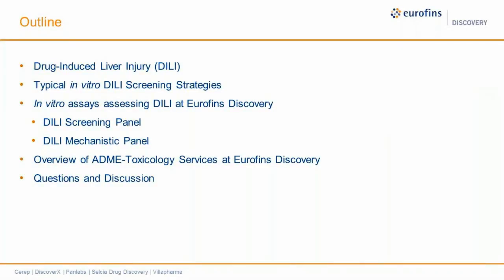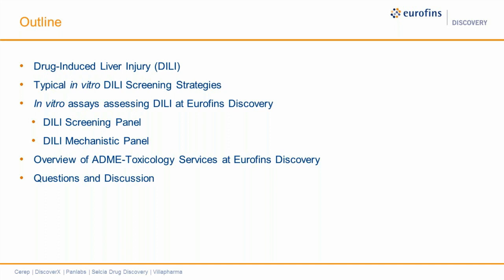This is the outline of my presentation today. First, I will talk about the background of DILI. Why is it important to assess DILI risk at the early stage of drug discovery? What are the causes of DILI, and what are the typical strategies that pharmaceutical companies utilize to assess DILI risk using in vitro assays? At Eurofins Discovery, we have developed and validated two panels of in vitro toxicity assays to predict DILI risk.